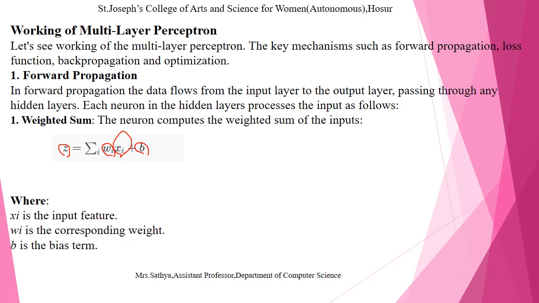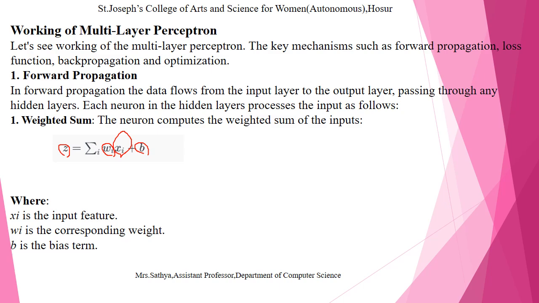So what is forward propagation? In forward propagation, the data flows from the input layer to the output layer, passing through any hidden layers. Each neuron in the hidden layers processes the input. How is it processed? Here we use a weighted sum.